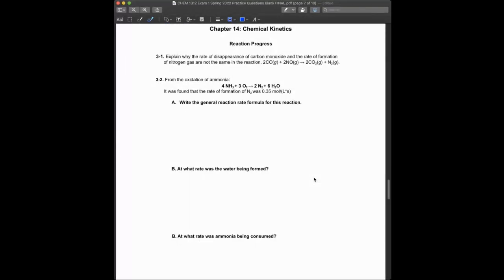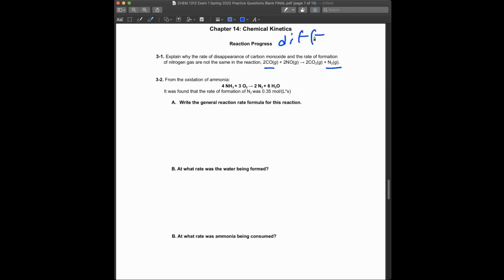So let's take 3-1. Let's move on to kinetics. Explain why the rate of disappearance of carbon monoxide and the rate of formation of nitrogen gas are not the same in this reaction. Well, let's take a look at it. We have carbon monoxide, which is this one, and we have nitrogen gas, which is that one. It's different because of their stoichiometric ratios.